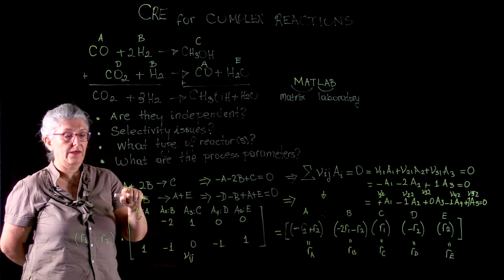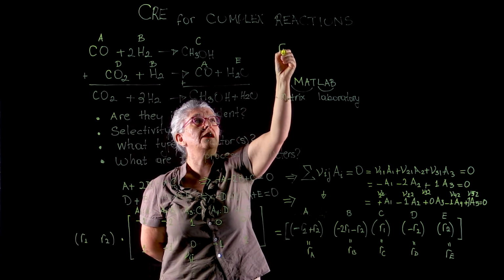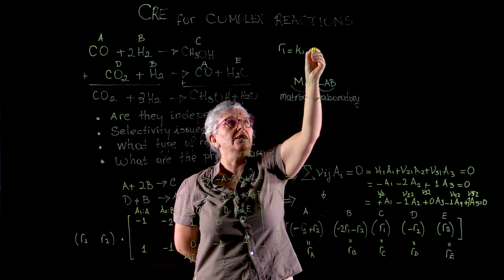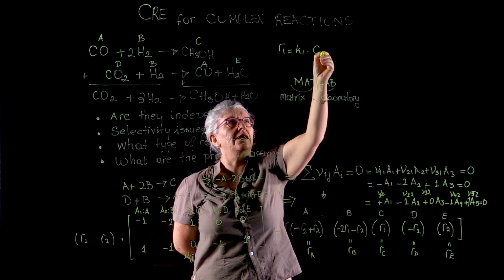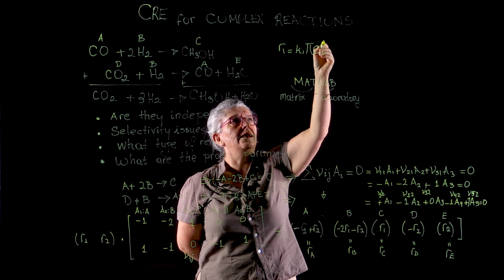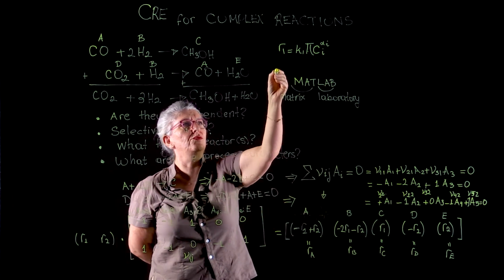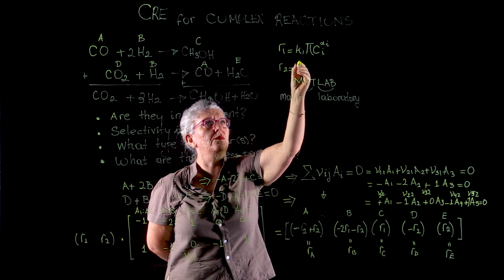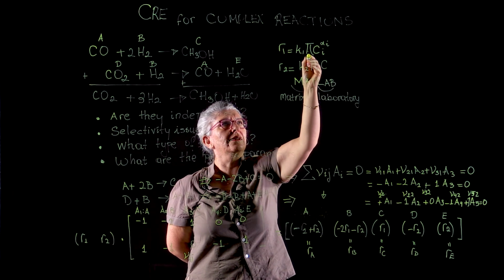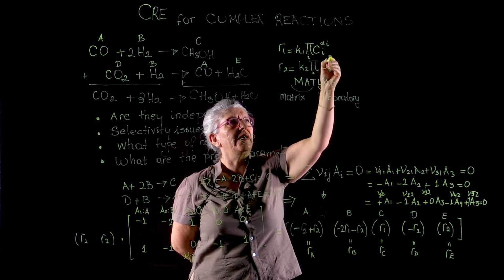So these R1s and R2s are in the following form. R1 is equal to K1 times product of Ci to the power alpha i. And R2 is in the form of K2 product over all species of Ci to the beta i.